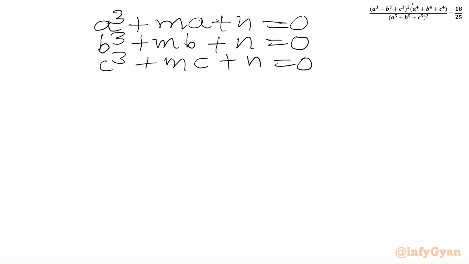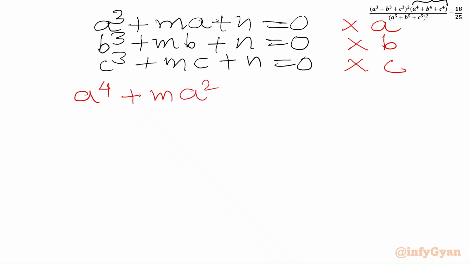Now our target is to find a power 4 plus b power 4 plus c power 4. So I will multiply the first equation by a, the second equation by b, and the third equation by c. I will write the three equations once again: a power 4 plus m times a times a, so ma square, plus na equal to 0.